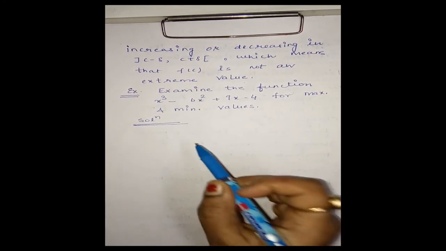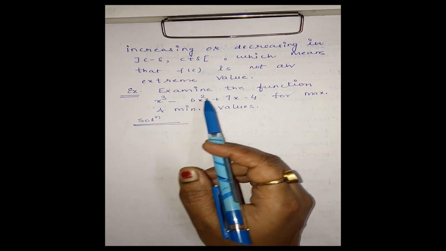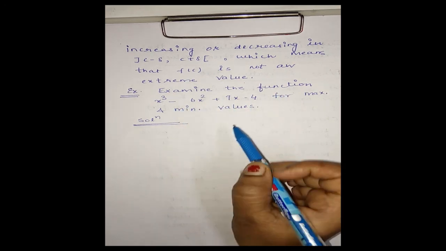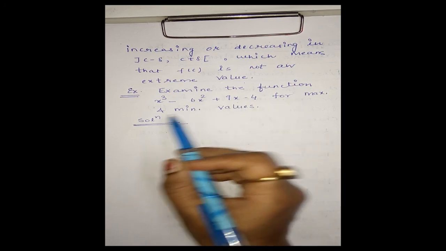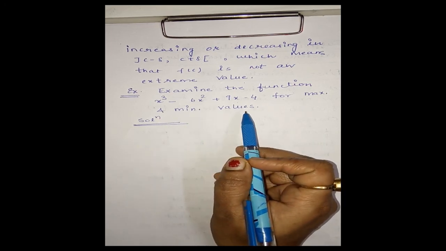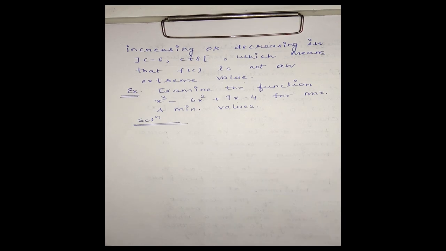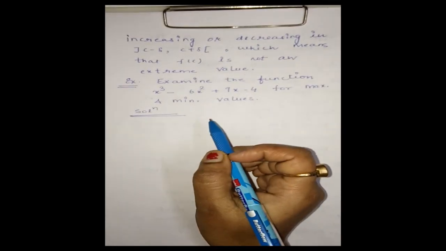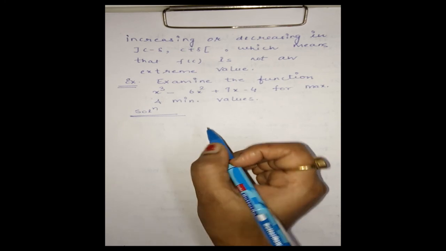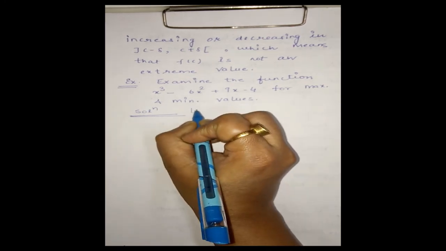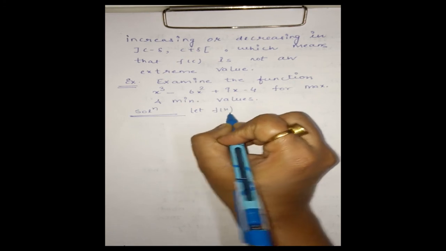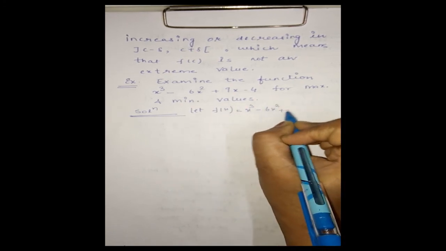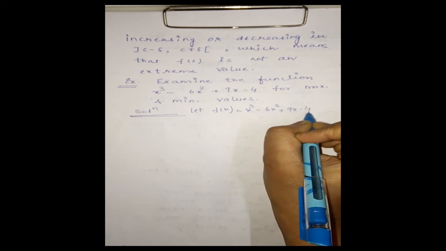Now we consider the first example. Examine the function x³ − 6x² + 9x − 4 for maximum and minimum values. We will find the maximum and minimum value for this function using the first derivative test. Let f(x) = x³ − 6x² + 9x − 4.